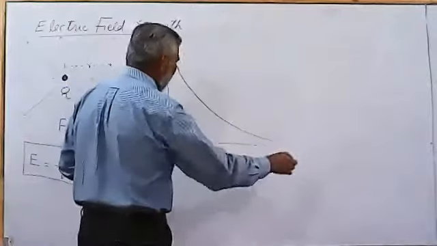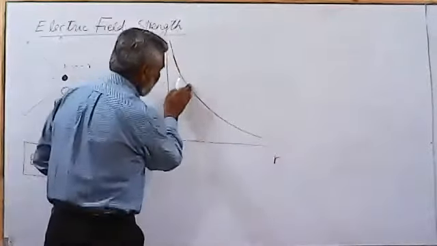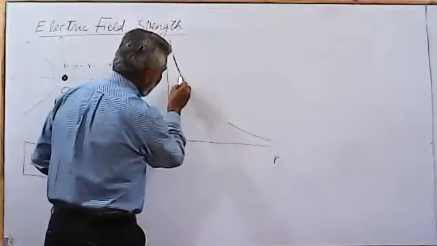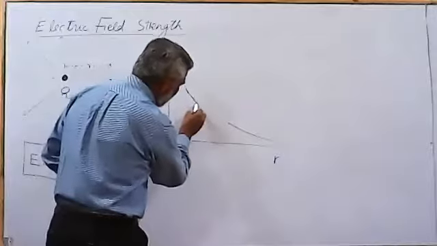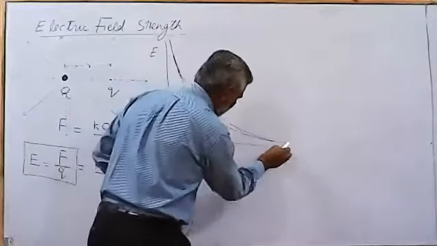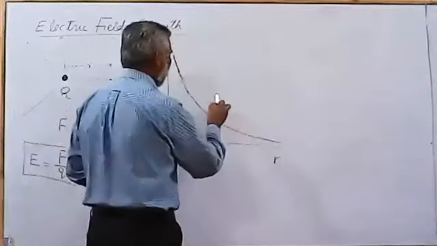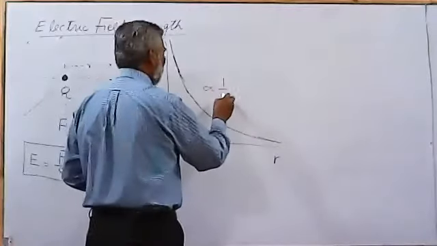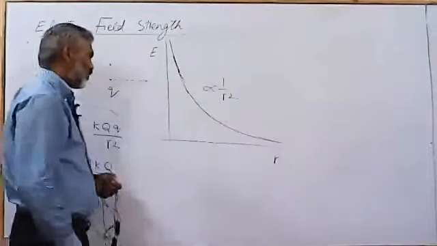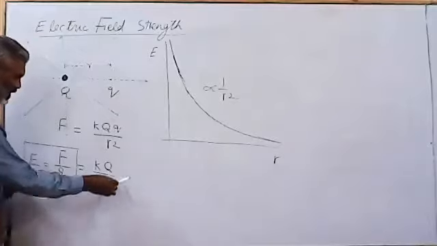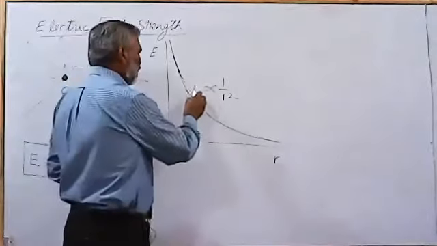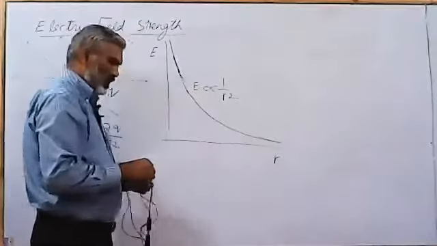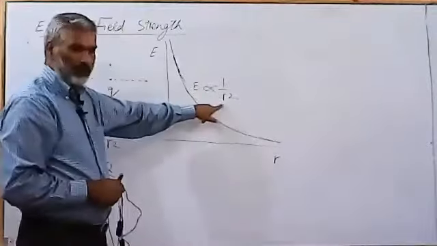If I make it even more realistic, it should be a steeper fall, because it varies inversely as the square of the distance from the charge, as this expression indicates. So electric field strength, like force, obeys the inverse square law.